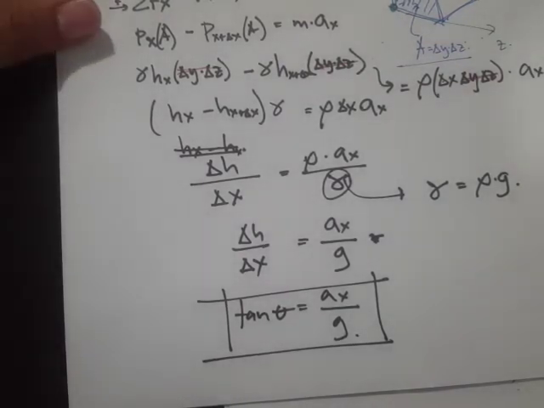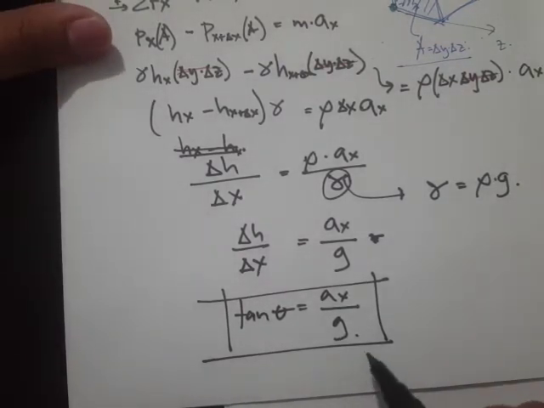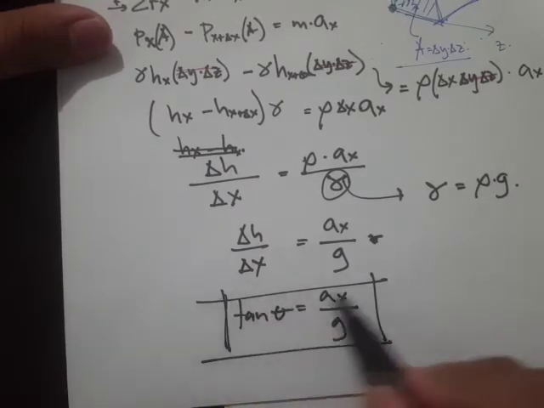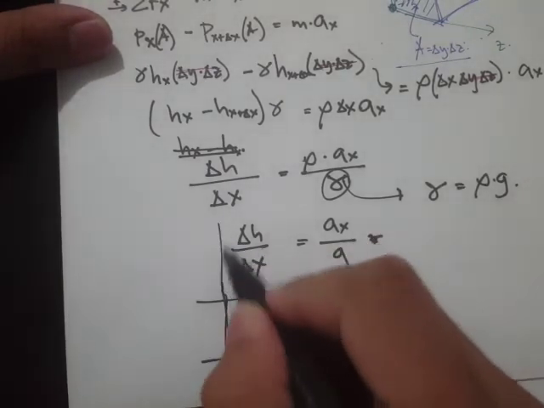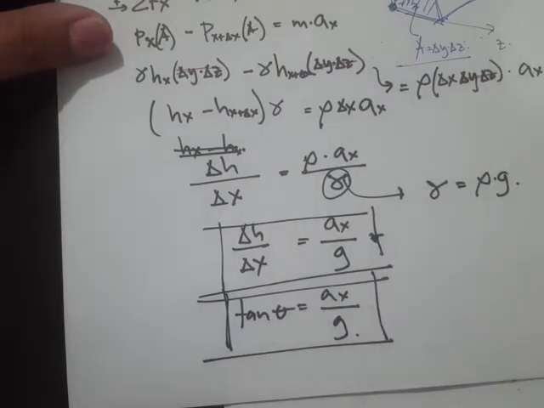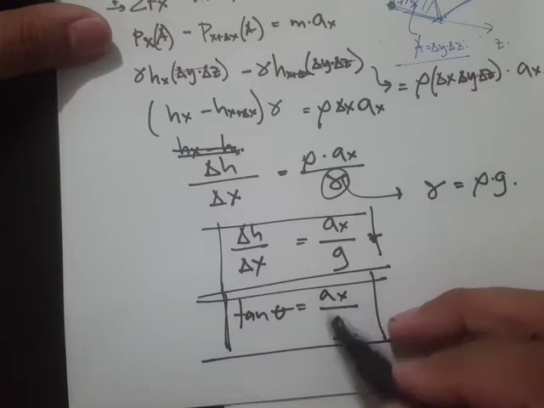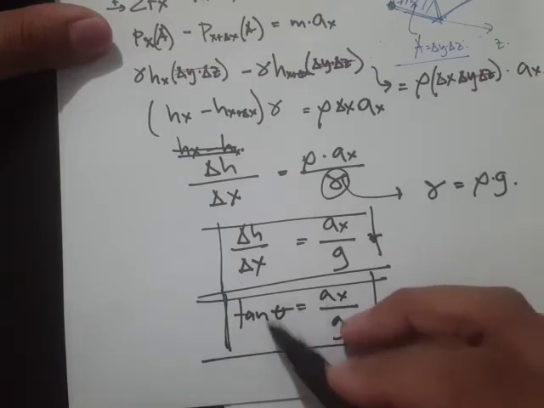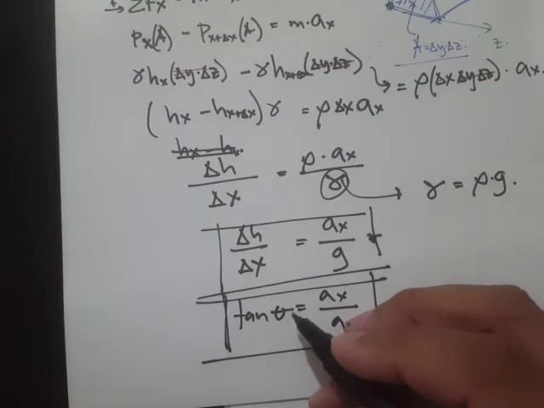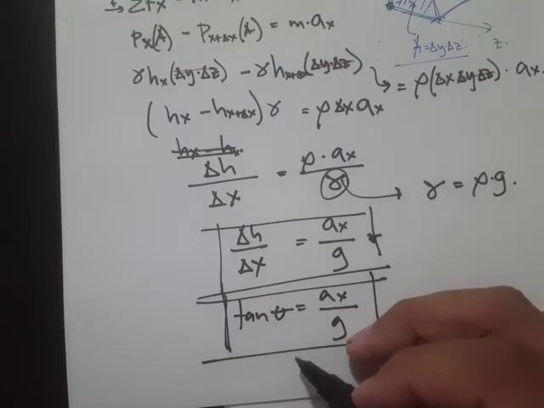What we can get from this equation is that if we know the acceleration, then we would be able to determine the angle, or the inclination angle.